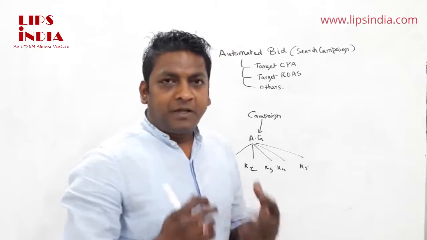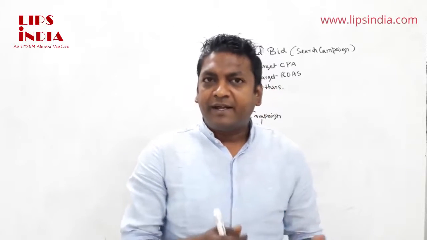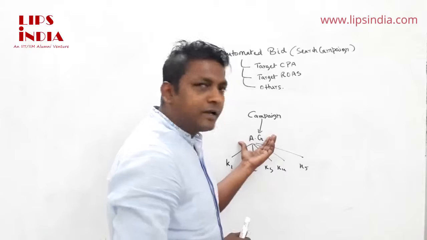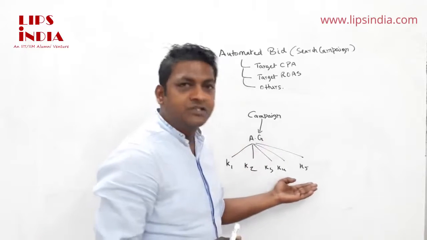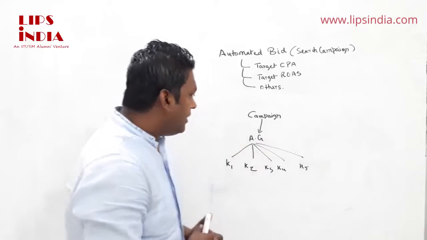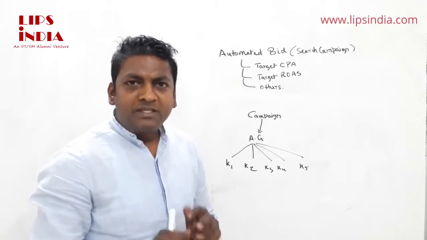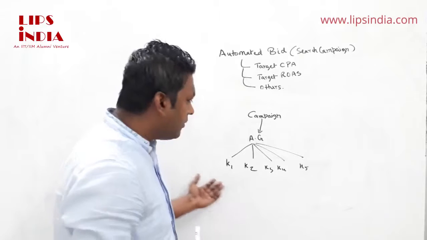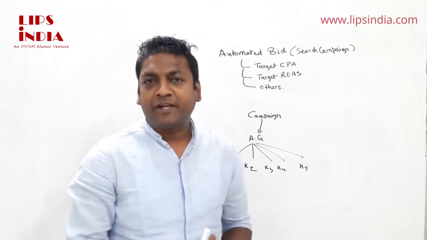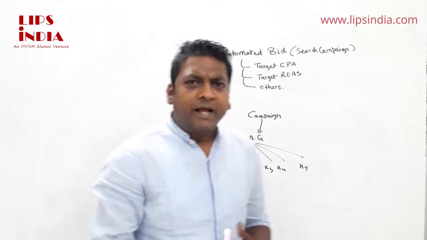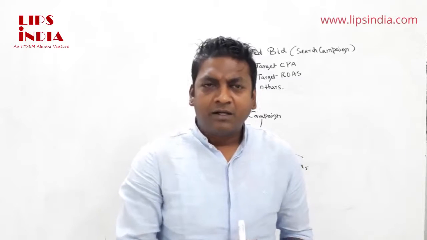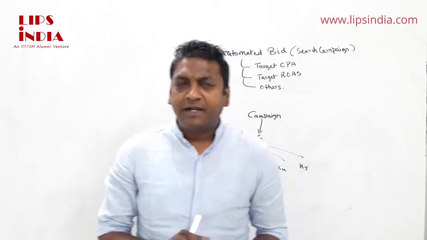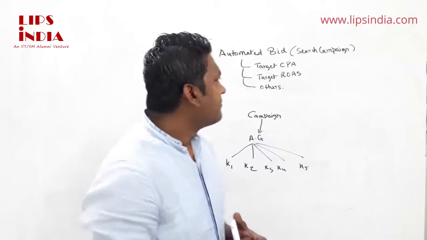In a typical search campaign, you've created a campaign, you've created ad groups, and you have a few keywords within your ad groups. In the manual CPC method, you bid for each of these keywords. They all could be the same, or you could have different bids for each of these keywords. And you actually pay on a per click model when you're creating a campaign yourself and bidding manually.